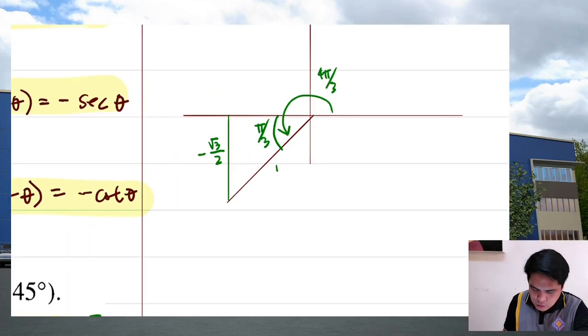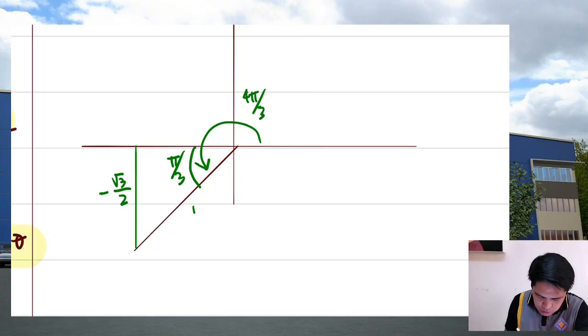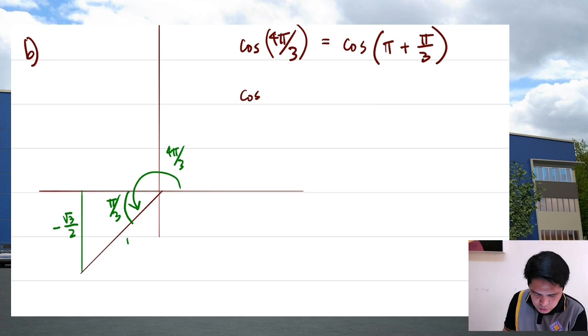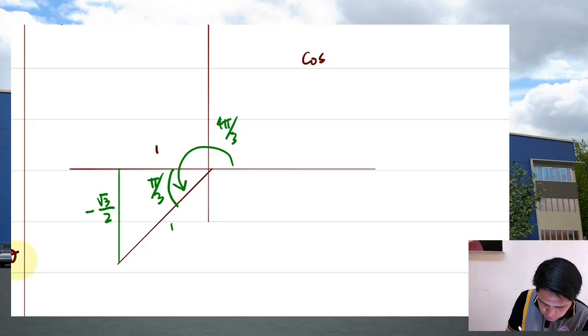Okay? So, how do we find cosine? Cosine is adjacent over hypotenuse. So, we could just remember that this is 1/2.